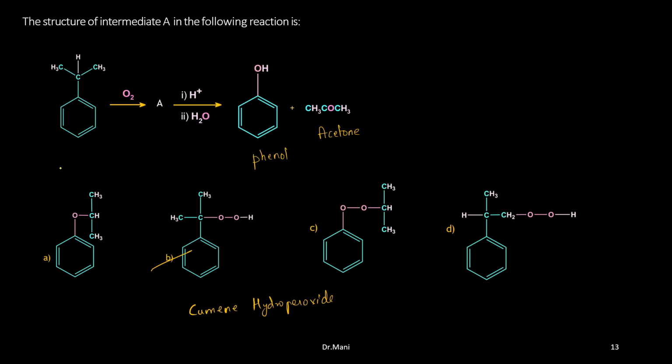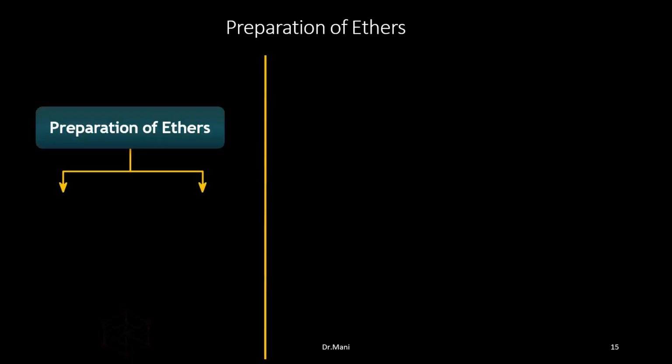Isopropyl benzene, which is also called cumin. So this is also called cumin hydroperoxide. So that's about the preparations of the phenols.